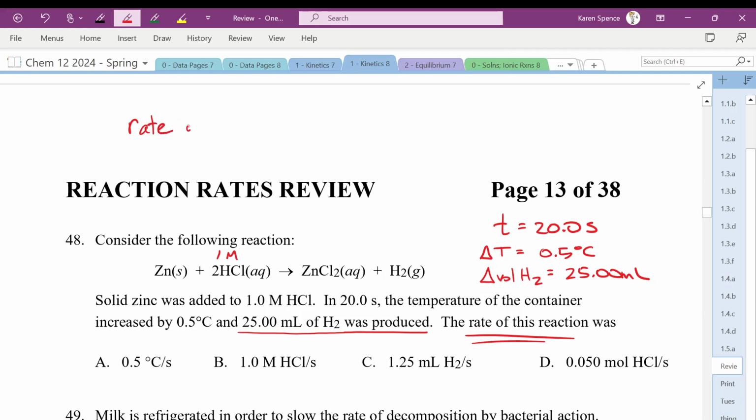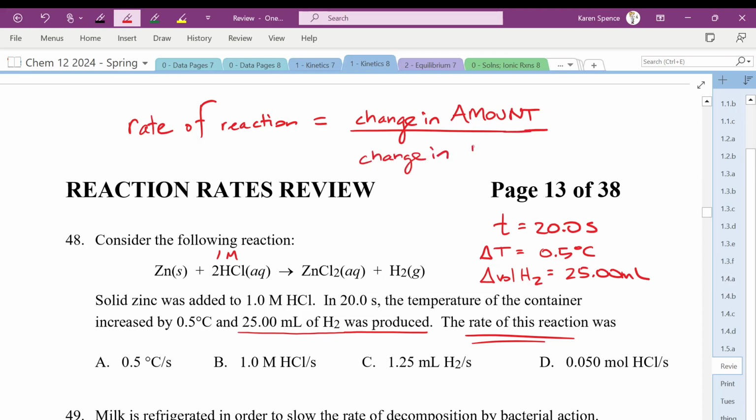Tell your partner. Change in amount over change in time.